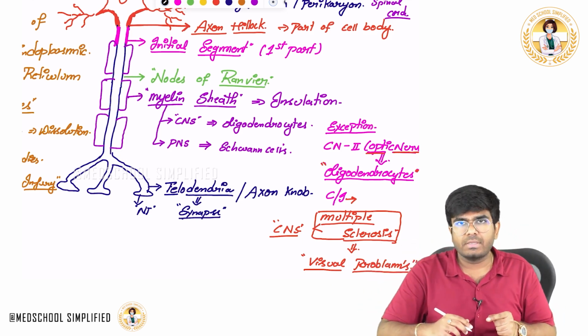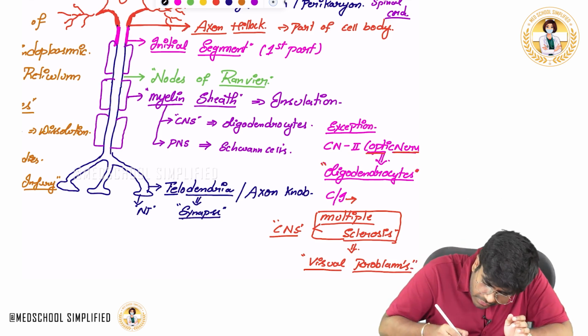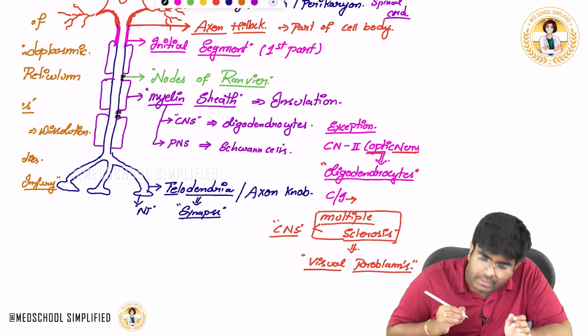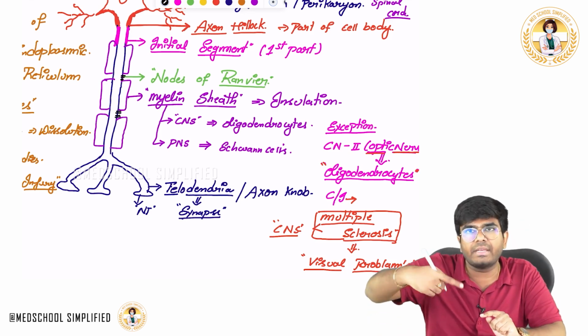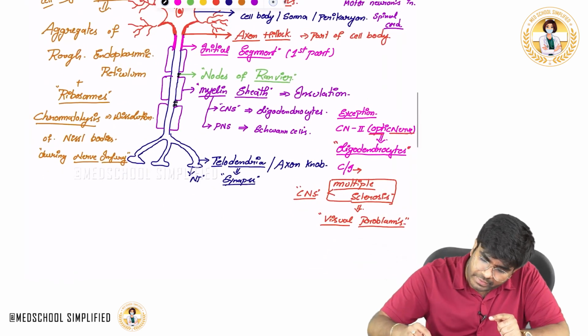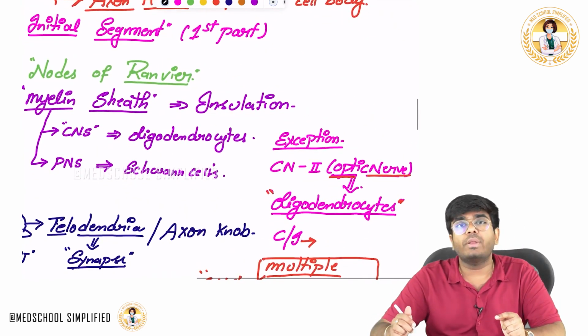For that process, what do you require? You require more channels. Which channels are present in these nodes of Ranvier for saltatory conduction? You require voltage gated sodium channels.